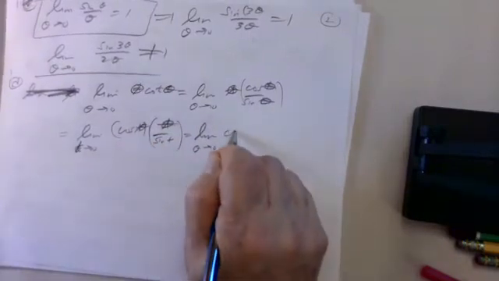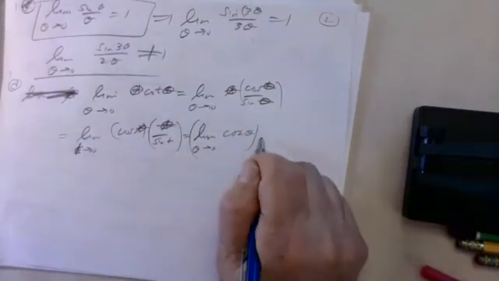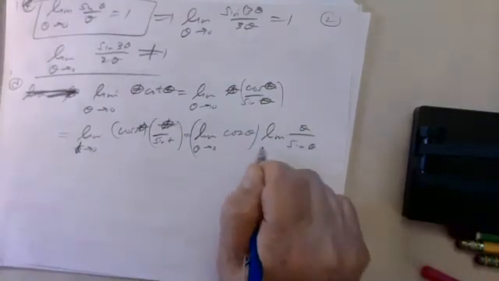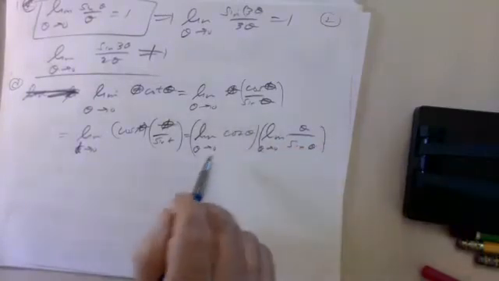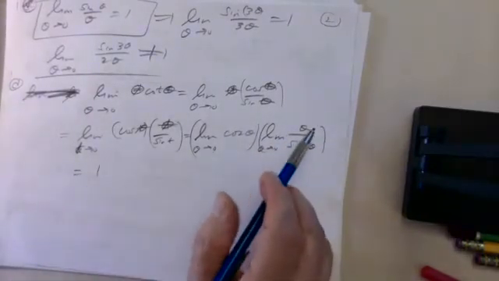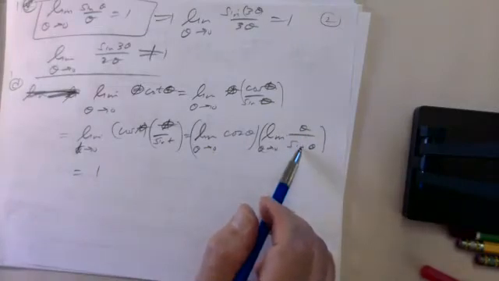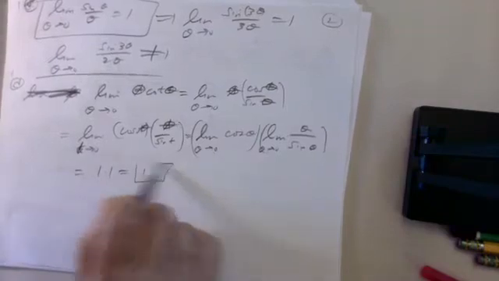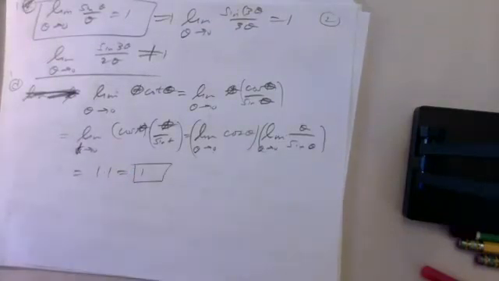So the limit of cosine theta as theta goes to 0 times the limit of theta over sine theta as theta goes to 0. When theta goes to 0, the cosine goes to 1. Sine theta over theta goes to 1, so the reciprocal goes to 1 over 1, which is also 1. So the answer is 1.